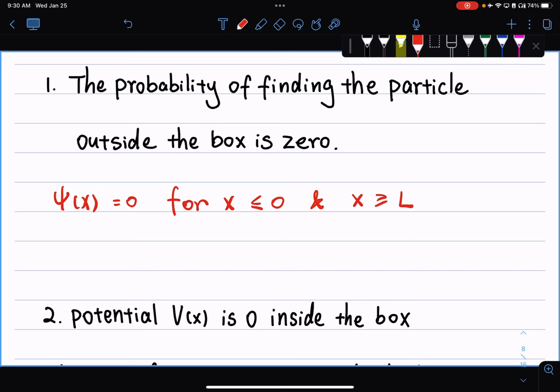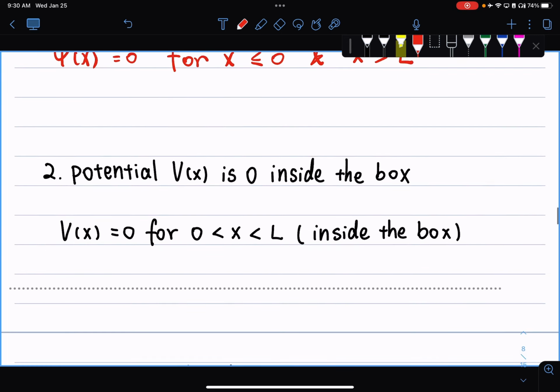There's no probability of finding the particle outside the box anywhere in space. The other thing it gives you is that the potential inside the box is going to be 0. So my potential term, V(x) or U(x), is going to be 0 for x within the box.